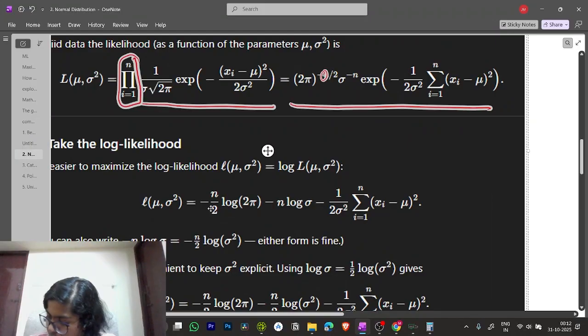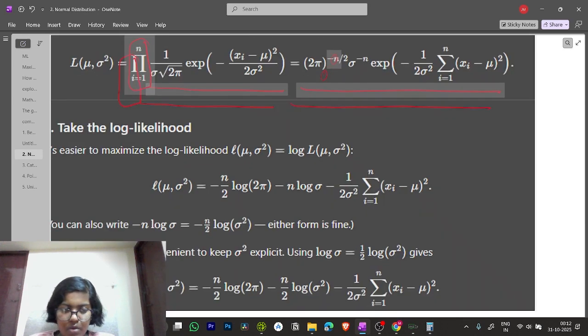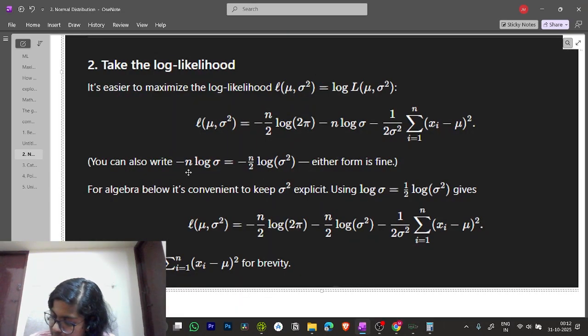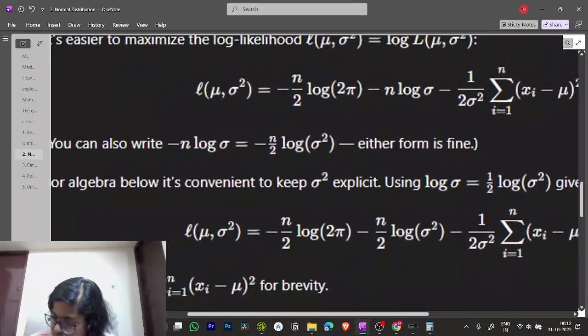By taking log, we get minus n by 2 log 2 pi, where 2 pi is a constant, minus n log sigma minus 1 divided by 2 sigma square, summation i from 1 to n, x of i minus mu the whole square. We can write this as this or as square, it doesn't matter, both forms are fine.